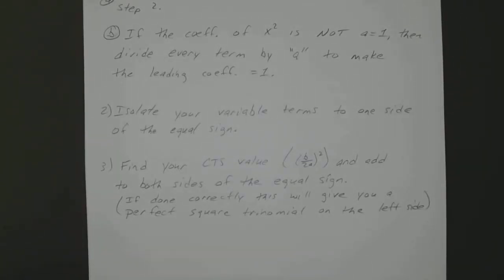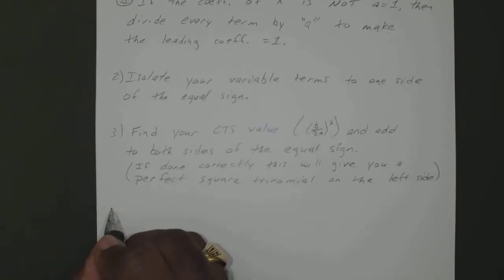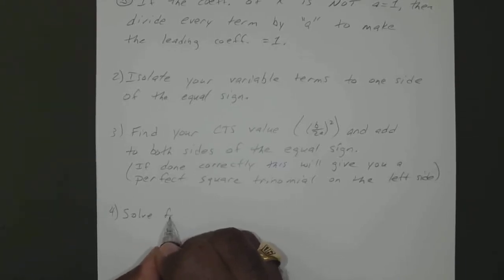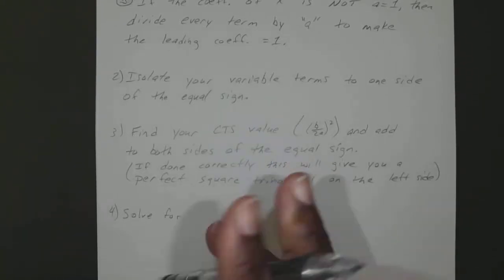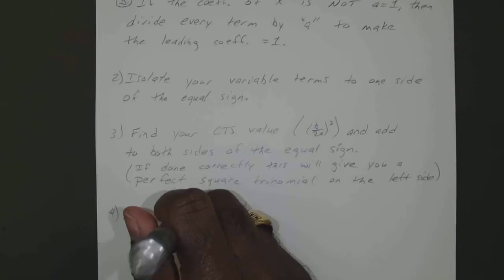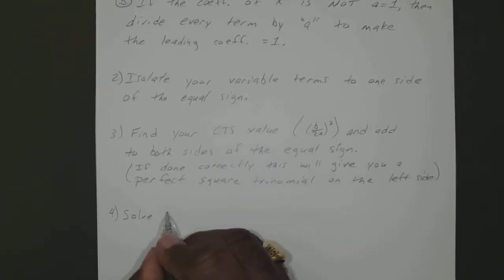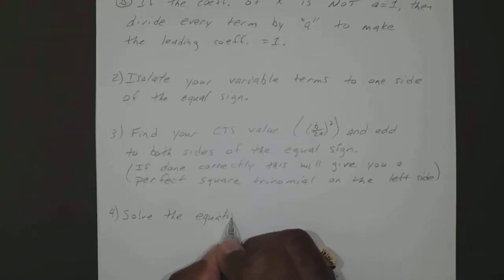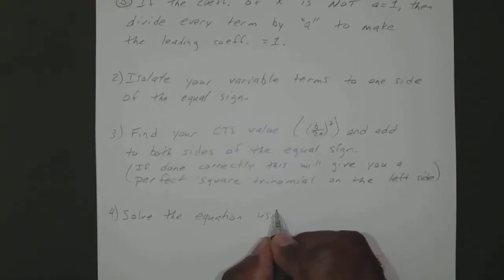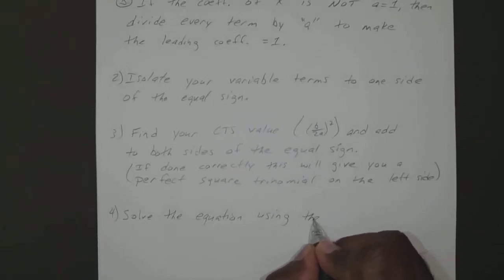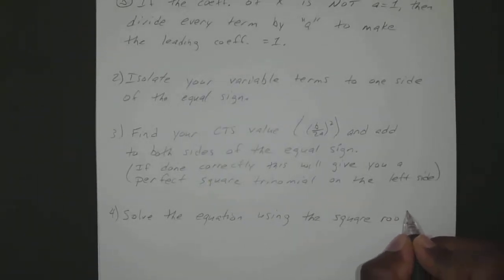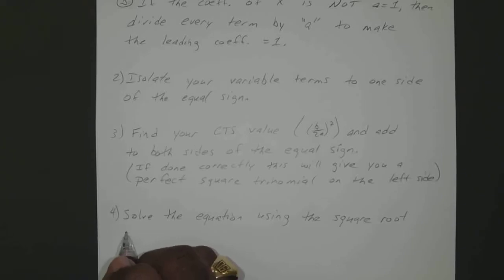Okay. So then you're going to solve the equation using the square root theorem. It may not necessarily be x, so I don't want to say solve for x. So using the square root theorem, square root property.